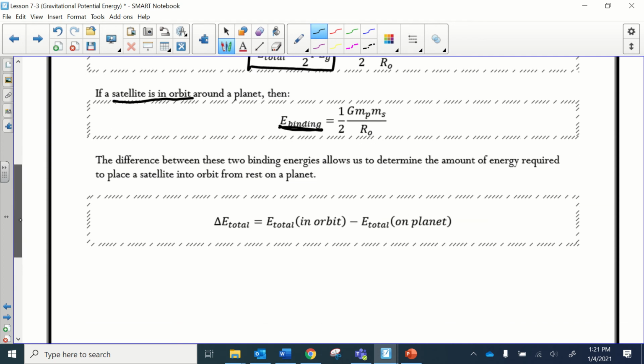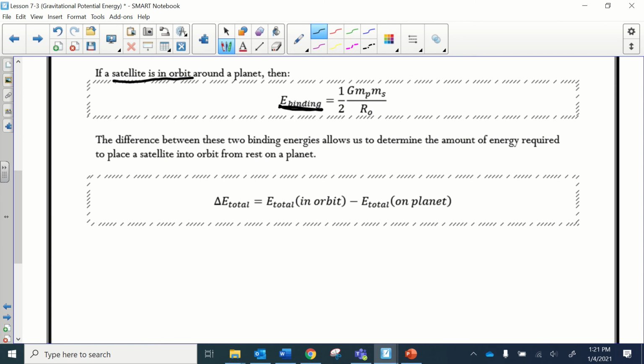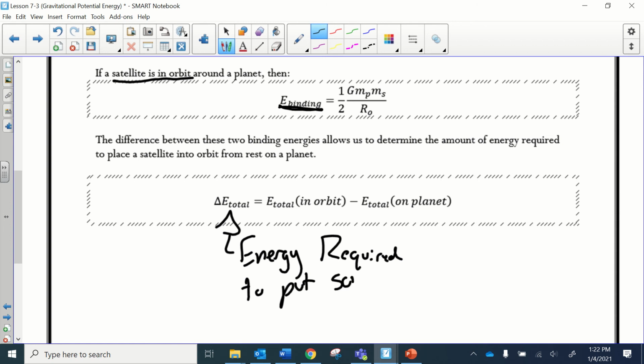So when you have the total energy of an object in orbit, and you subtract the total energy of the object on the planet, you get the energy required to put something in orbit.